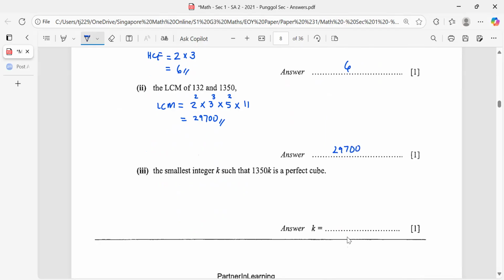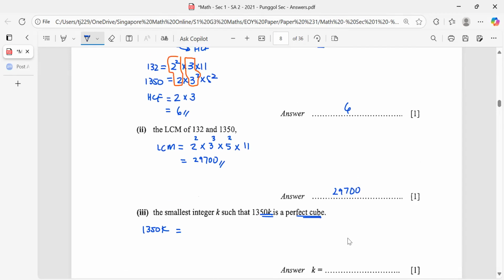Okay, next. The smallest integer k such that 1350k is a perfect cube. So if we have 1350k, it is broken down into prime factors, right?